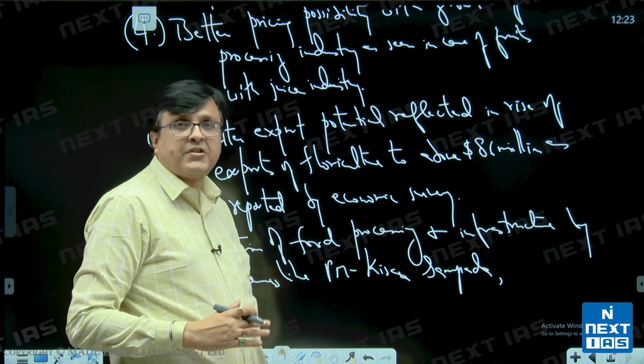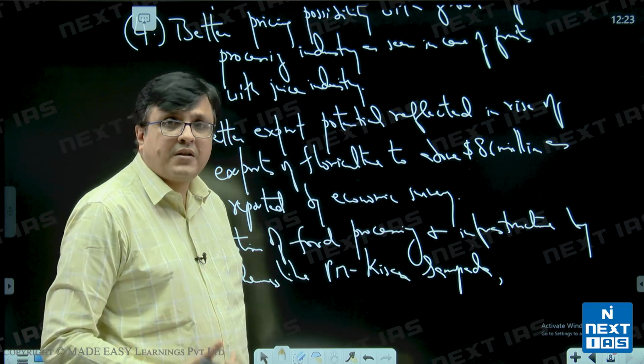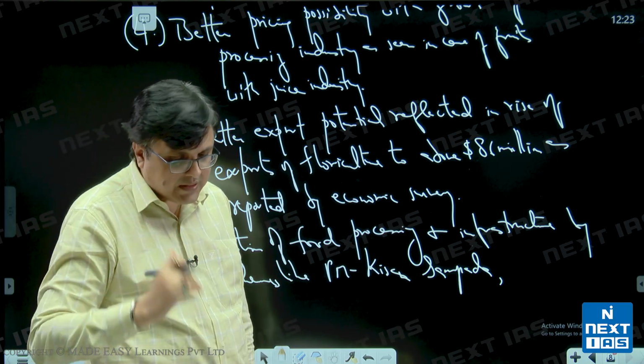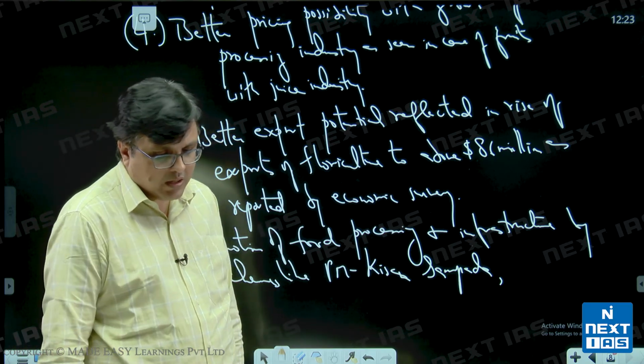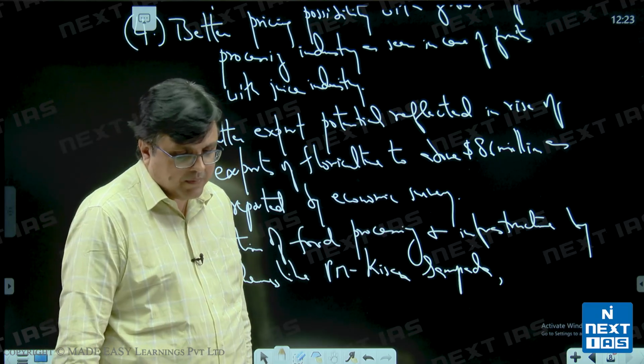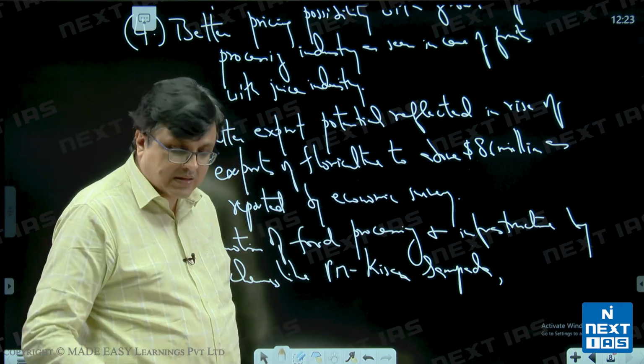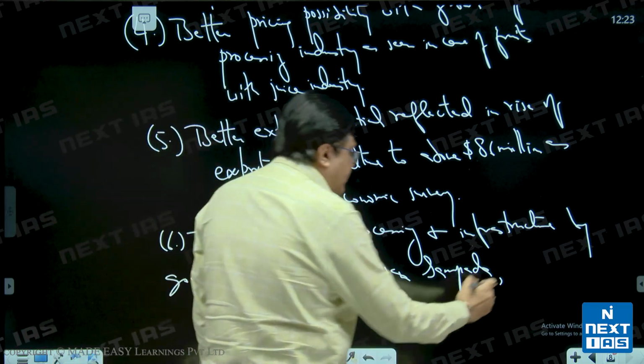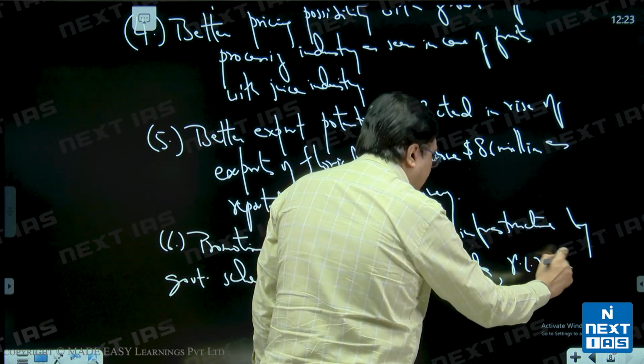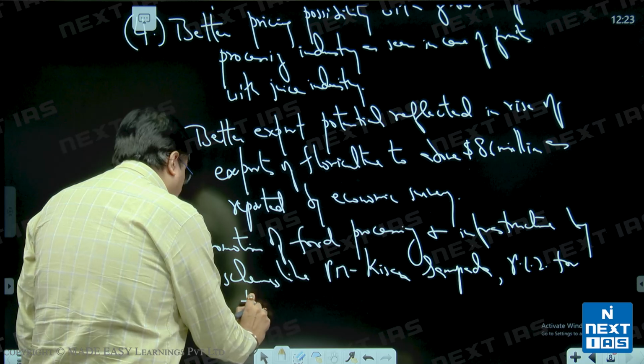So this is something which has helped in promoting a lot of regional development of processing units, and that has given a lot of growth per se. But apart from PM Kisan Sampada, we can also talk about PLI for food processing.